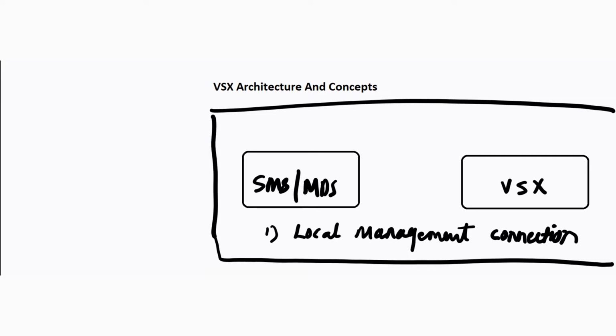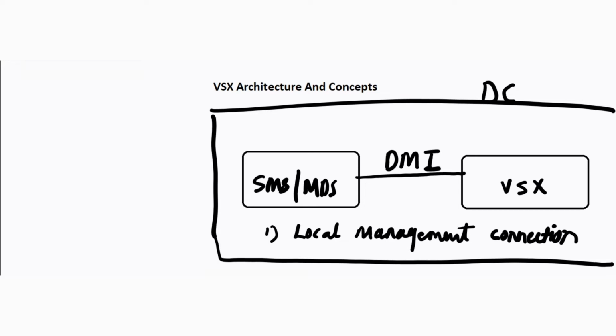There will be physical connectivity between this SMS or MDS and the VSX. This connectivity happens through a special interface, which in Check Point terms is called DMI, which stands for dedicated management interface, used to connect the VSX gateway to the management server.